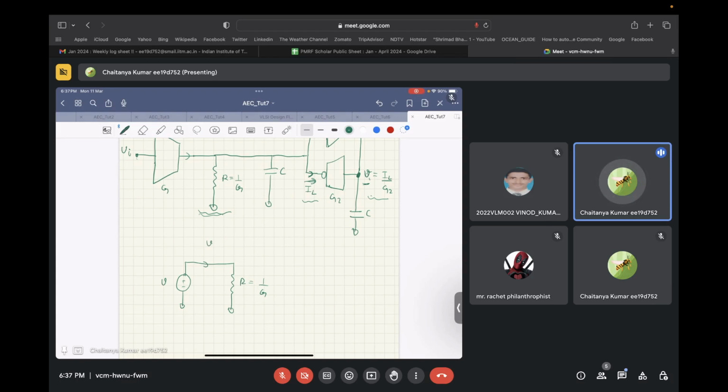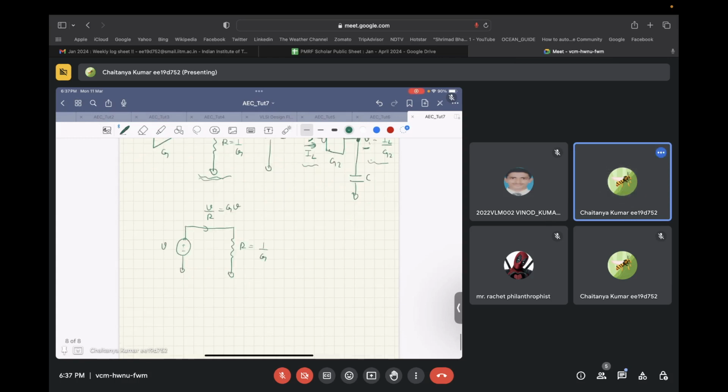This resistance will take in the current of V by R, that is equal to G times V. So if we want this to sink G times V of current, that means if we had a voltage V over here and used a transconductor with the voltage V over here as well, this could have sunk G times V current.